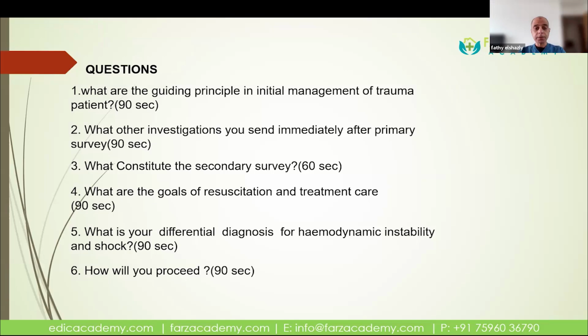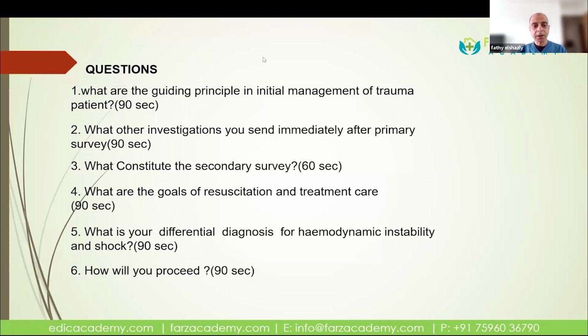Of course, the guiding principles in the initial management would be the ATLS protocol, including A, B, C, D, E, plus cervical stabilization, which comes with the A, to rule out any life-threatening emergencies. The primary survey should carry on with securing the airway, the breathing, and the circulation, which is obviously impaired here.